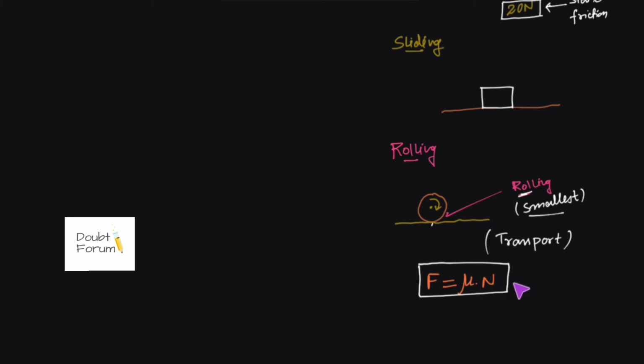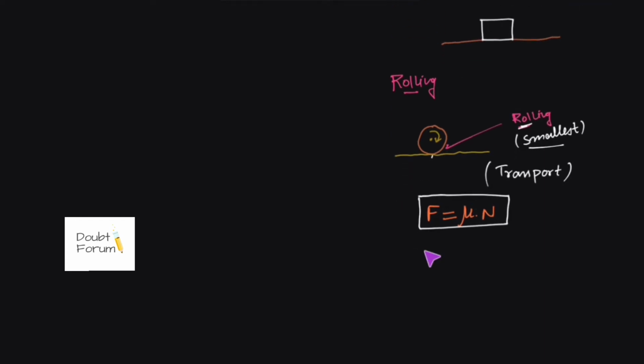When we are talking about static friction, we would say static friction is equal to coefficient of static friction multiplied by normal. When we are talking about rolling friction, we would say rolling friction is equal to coefficient of rolling friction multiplied by normal force or normal reaction. Sliding friction is equal to coefficient of sliding friction multiplied by normal. So this is a common formula for all kinds of friction. Using this we can solve any question.